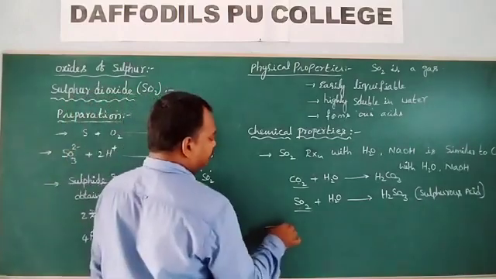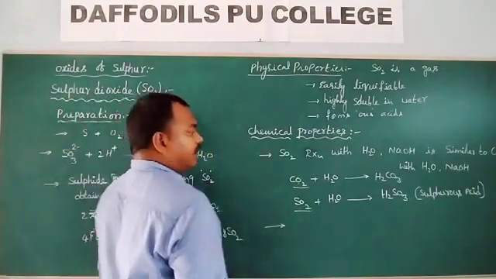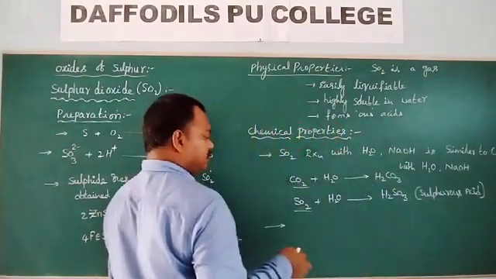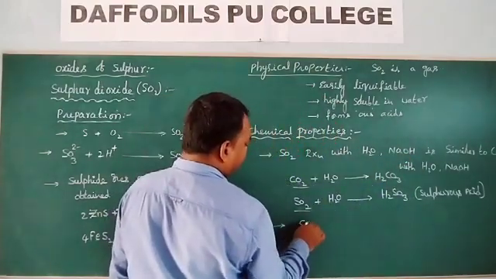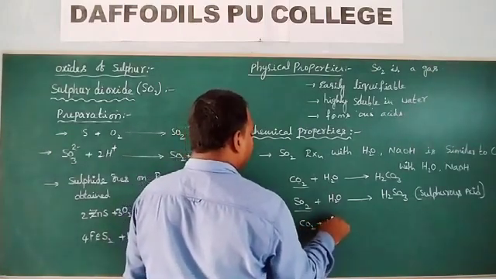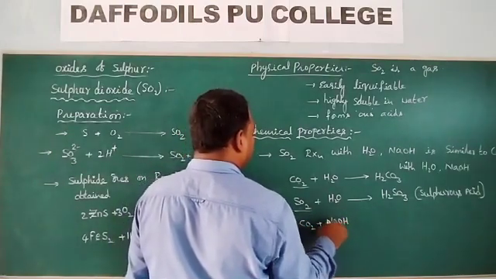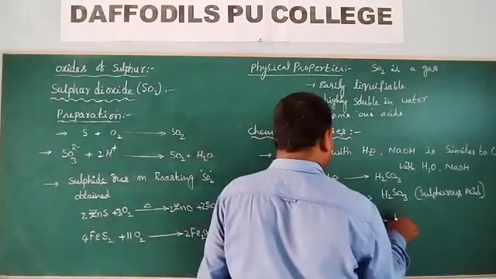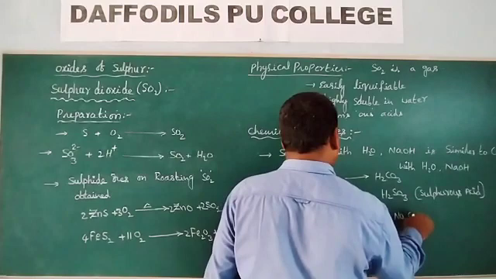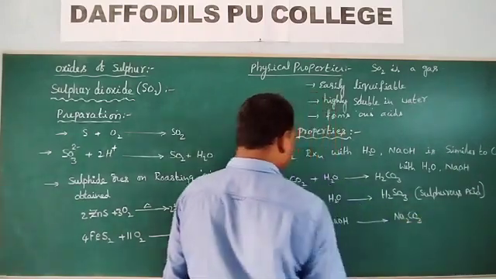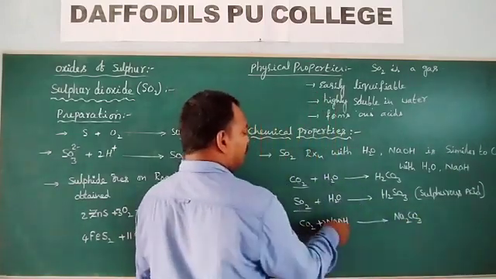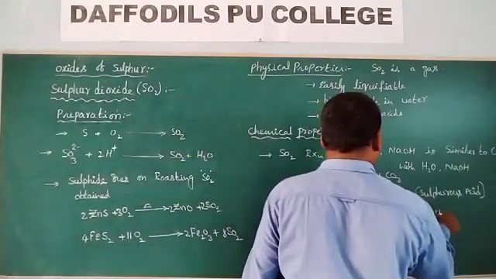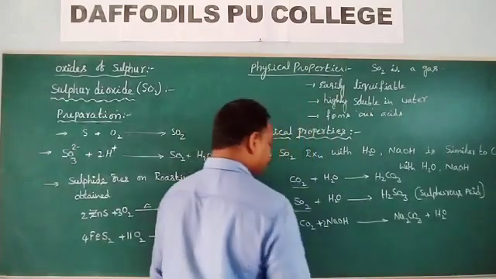Next. The reaction of CO2 with sodium hydroxide and SO2 is also the same. When CO2 reacts with sodium hydroxide, you will get sodium carbonate, Na2CO3, along with H2O.